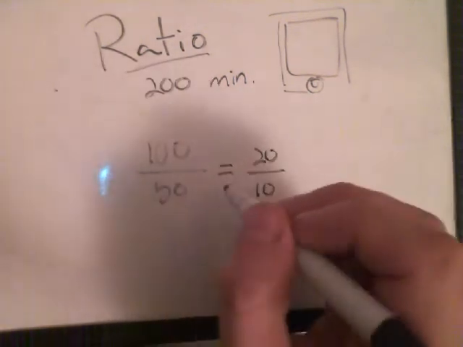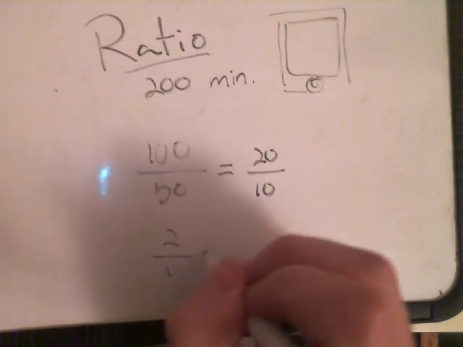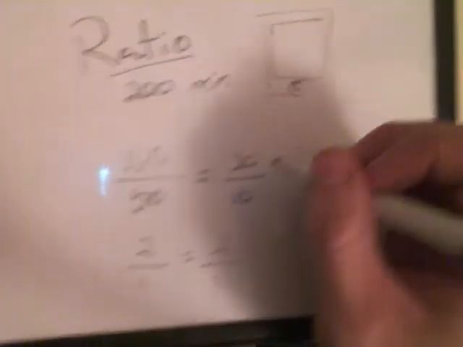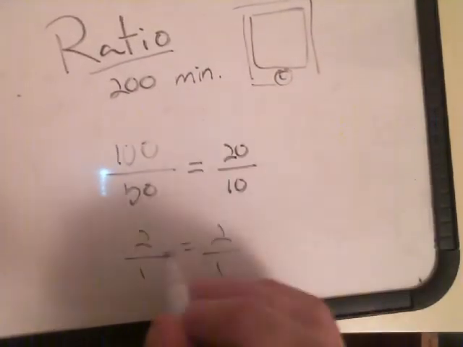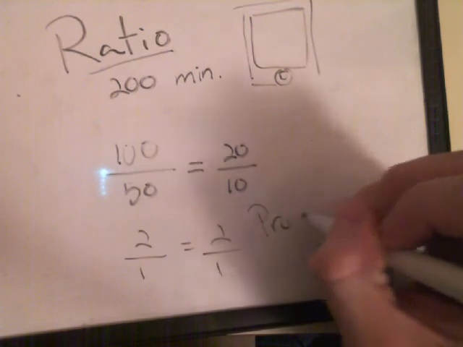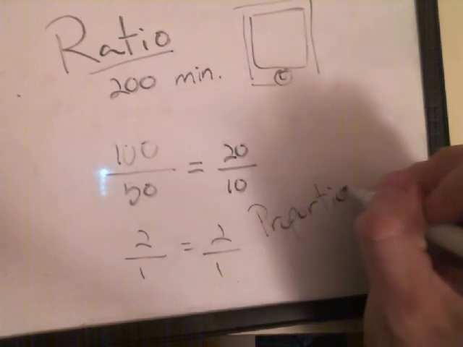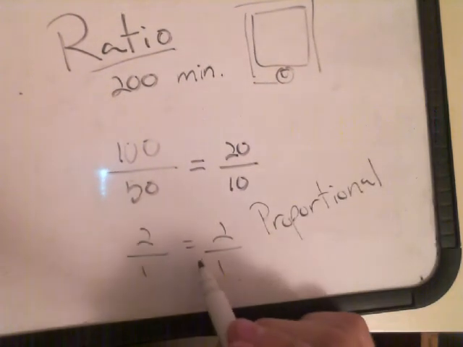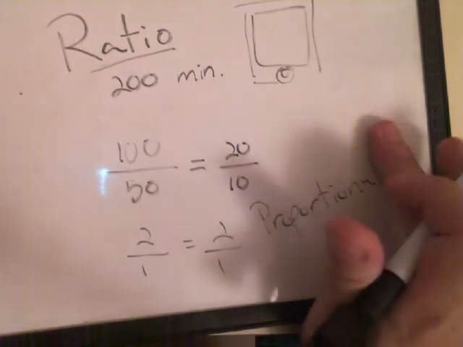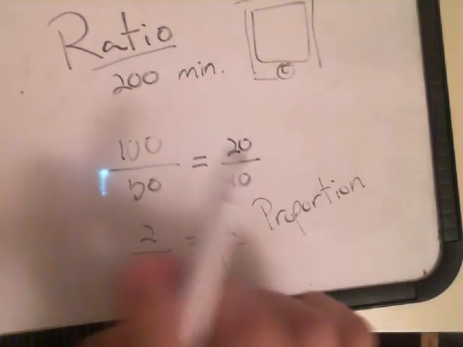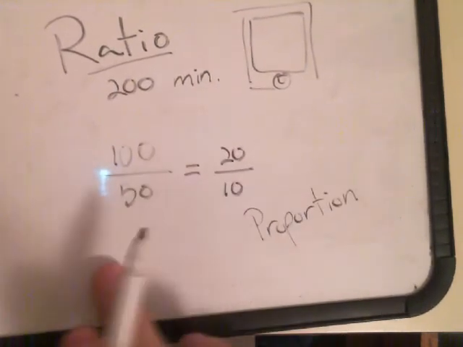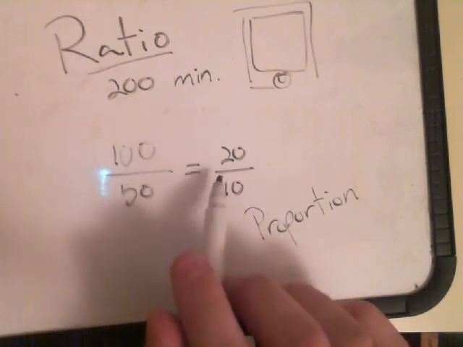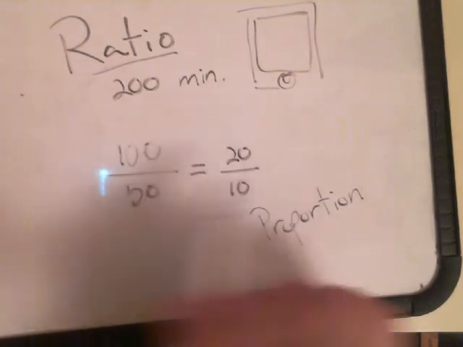And in fact, if I brought it down, it's of course going to be 2 over 1 equals 2 over 1. Yeah? So what we say when we have two ratios that are basically equal, we will say that they are proportional. And this equation, this expression with an equal sign, is what we would call a proportion. Or let's say this one here, which makes a little more sense, is expressing a proportion. It's saying that these two ratios, these two comparisons, are basically equal.